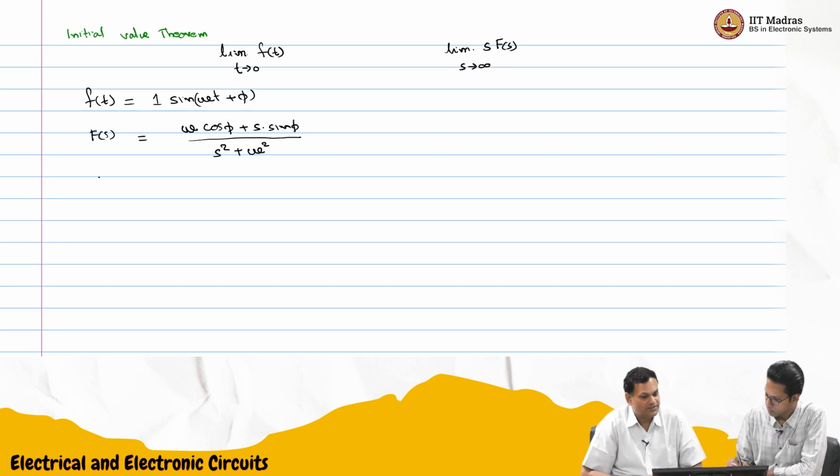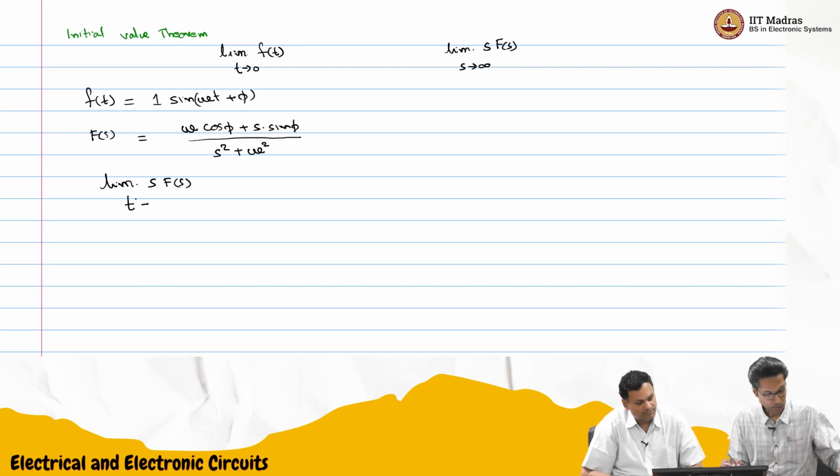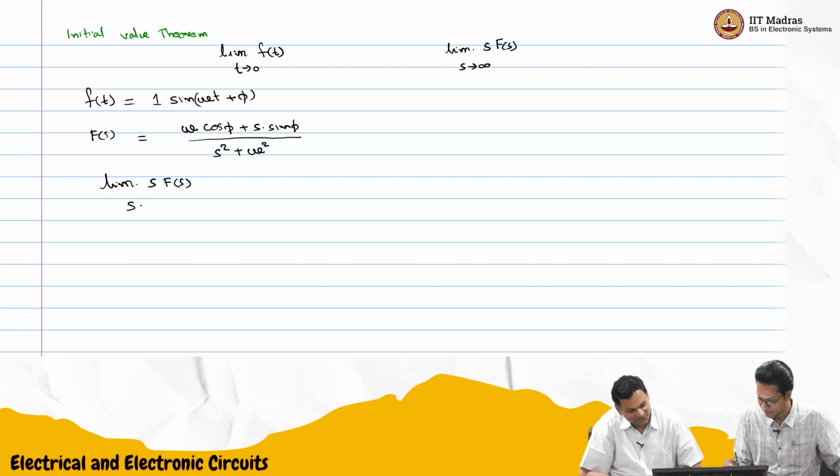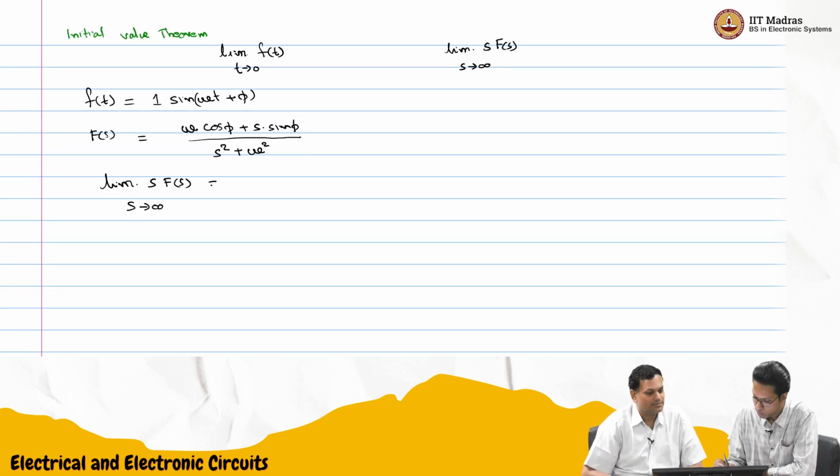S times F of S and take the limit, S tending to infinity. So this is S omega cos phi plus S squared sin phi.